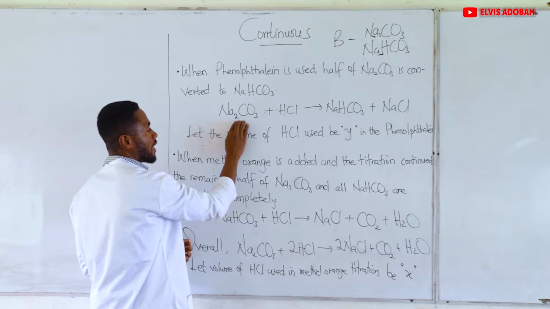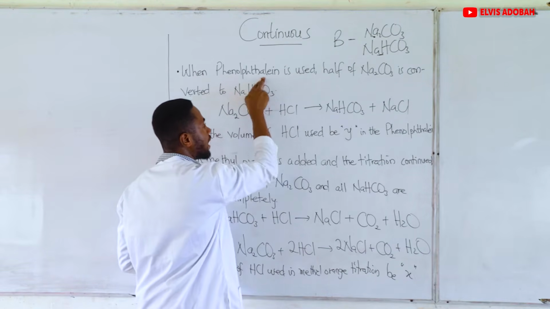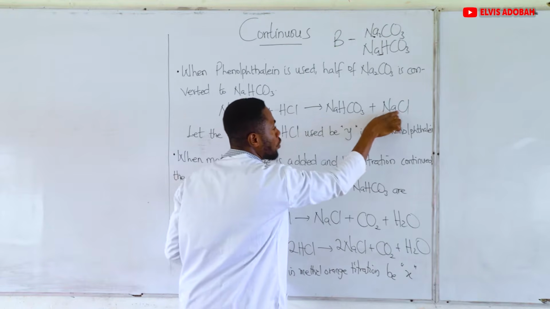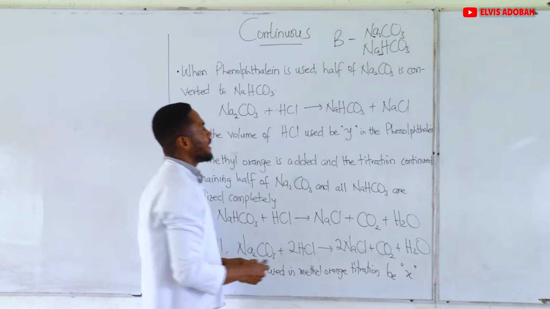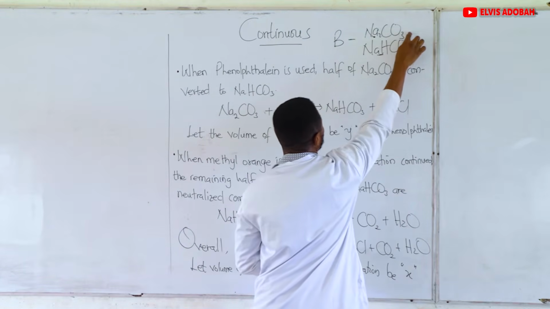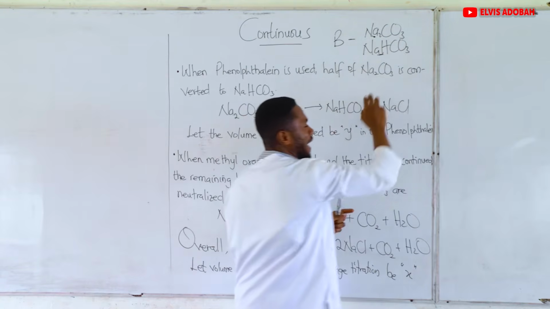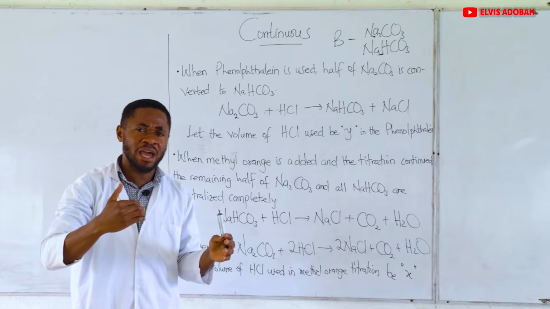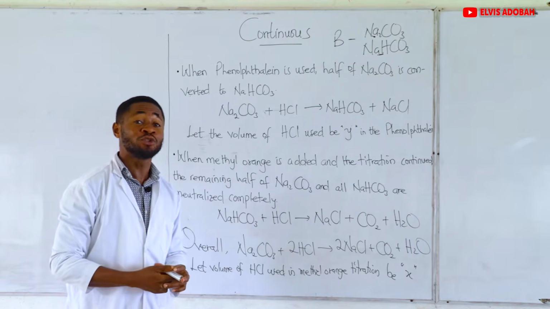Sodium carbonate will react with the HCl in the presence of phenolphthalein indicator, and we are going to produce sodium bicarbonate and sodium chloride. Because it didn't do the complete job, it didn't neutralize all the sodium carbonate. It neutralized only half of it, and it didn't touch the sodium bicarbonate at all. The end point came so quickly because we didn't do a thorough job.